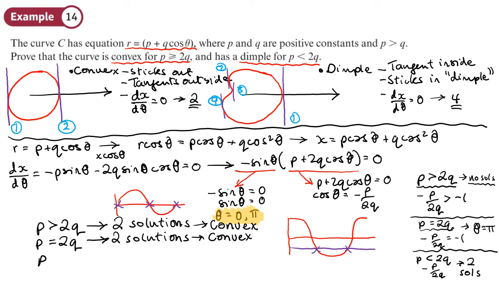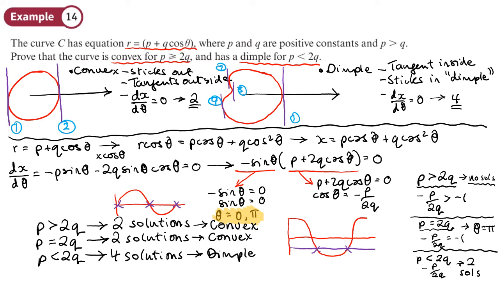Whereas if p is less than 2q, I do get two solutions. Those two solutions are not 0 or pi. You can see them on the diagram here. The two solutions are here and here. So what that means is I've now got two more solutions. So I actually get four solutions, which means the graph has a dimple, the second diagram.